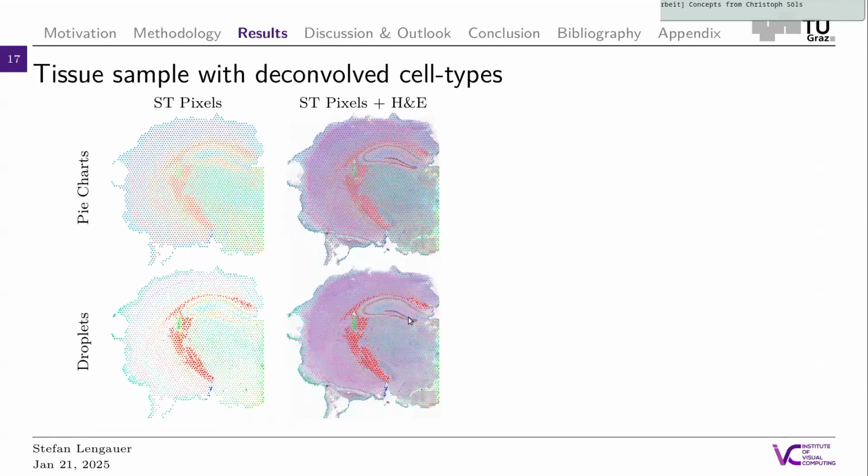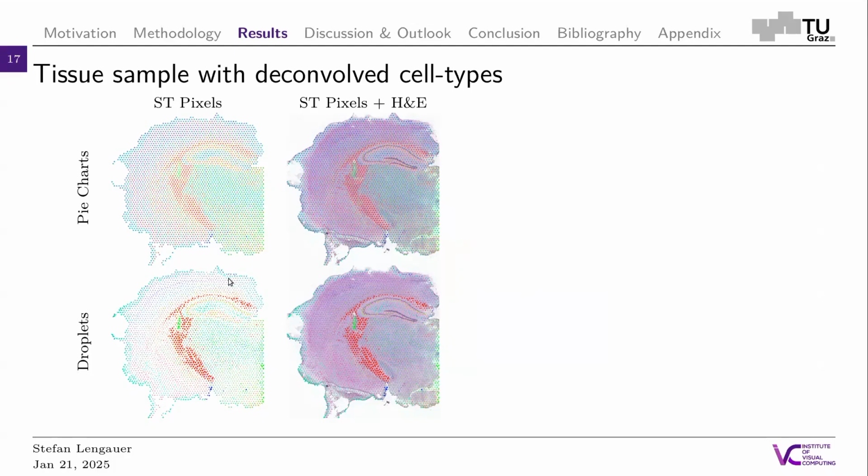If we now look at the side-by-side comparison of our droplets at the bottom and the pie charts, which you can see here, we can see some quite significant differences. For example, the reddish component at the center here is much more pronounced. The borders are clearer. There are many more high-frequency variations which we can observe.